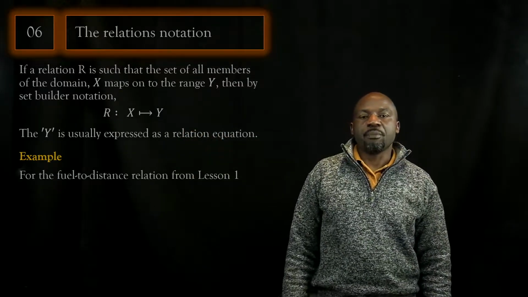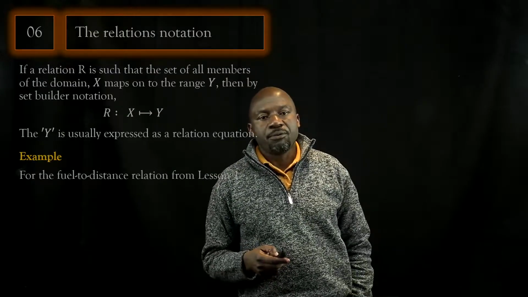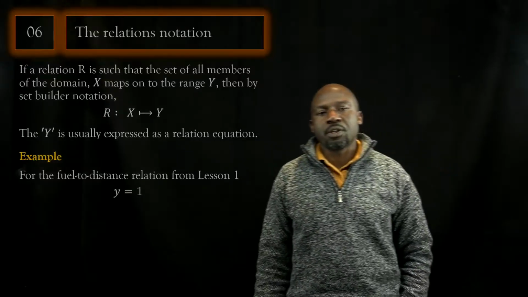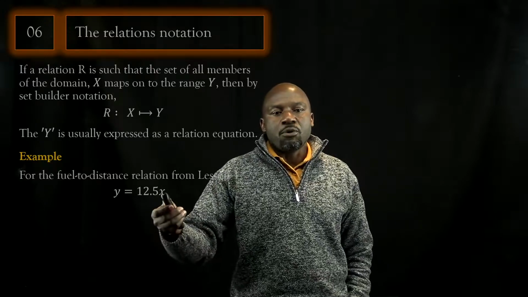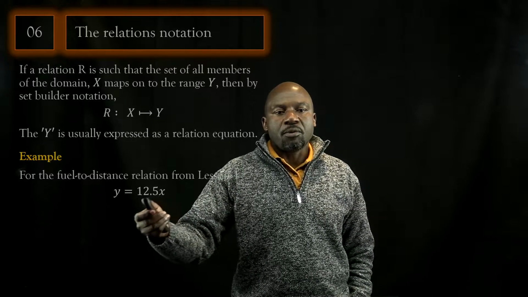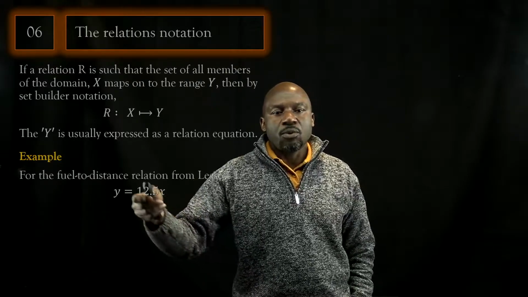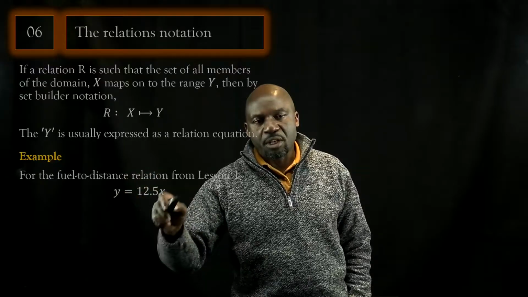For example, if you remember in lesson 1, for the fuel to distance relation for the car that we were talking about, I think we found y was equal to 12.5x, which means that if I put 1 liter in the car, it could take me 12.5 kilometers. And if I put 10 liters, it would take me 125 kilometers, and so on. So this was the relation equation.